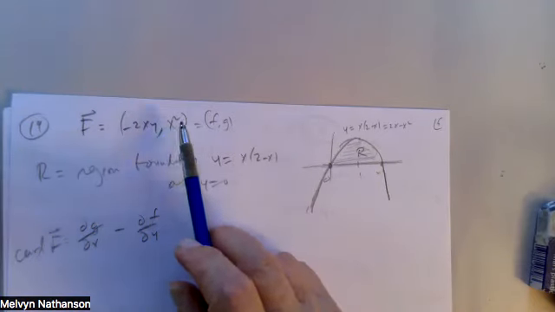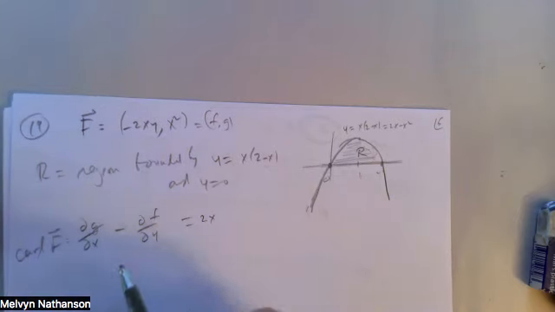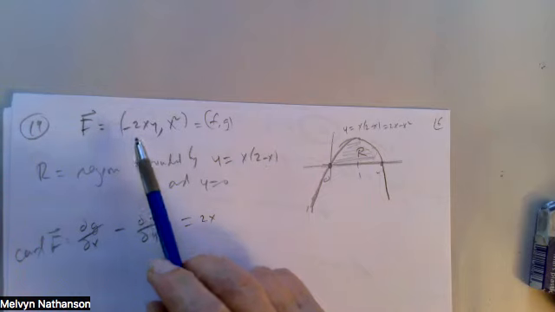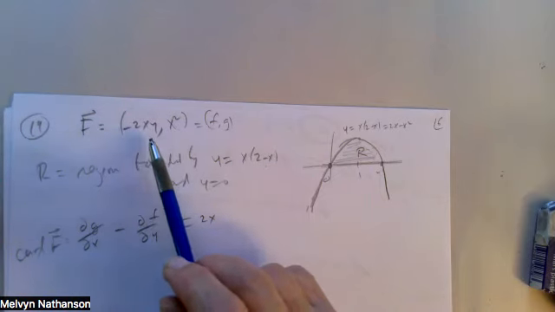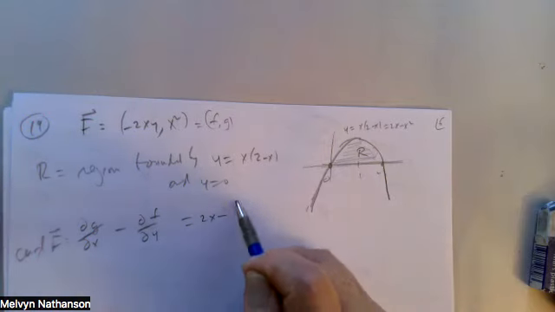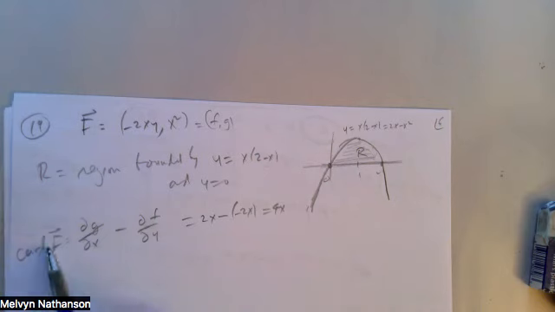This is g, differentiate with respect to x, you get 2x. This is f, differentiate f with respect to y, you get minus 2x. So you get 2x minus minus 2x, which is 4x. So the curl of f is equal to 4x.